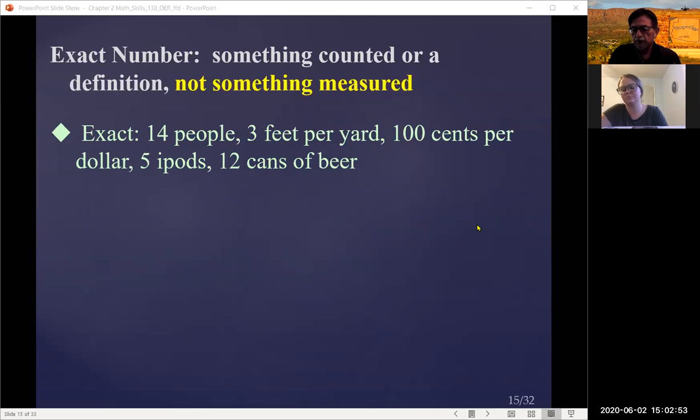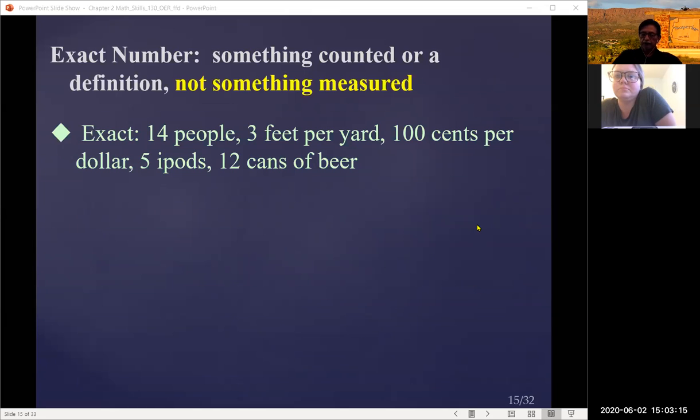When somebody says there's 14 people, that's an exact number. 3 feet per yard, that's a conversion factor. There's exactly 3 feet in 1 yard. There's not 3.1 or 3.2 or 2.8. It's exactly 3 feet. There's 100 pennies in a dollar.